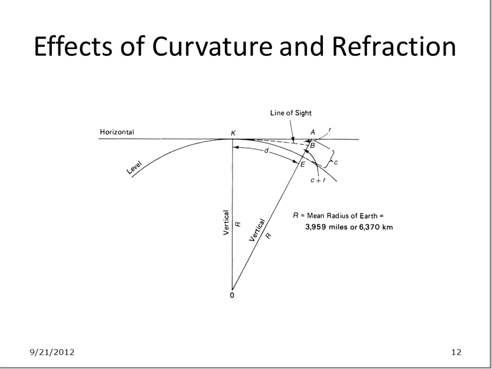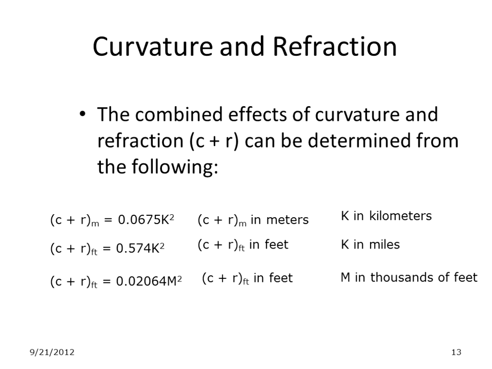When you look at the effects of refraction, they operate opposite the effects of divergence or curvature. I know this is a little bit difficult to see here, but this whole distance here is the effect of curvature, but this smaller distance up here is the effect of refraction.